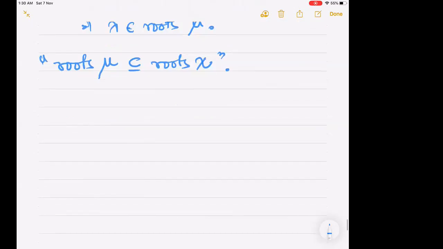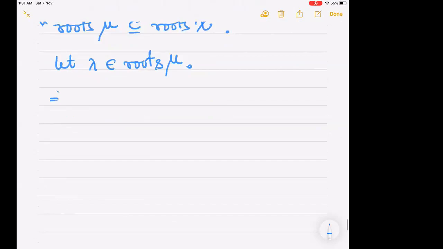Well, let lambda be a root of the minimal polynomial. This means mu(s) can be written as some q(s) into s minus lambda. It must be a factor of mu, right?